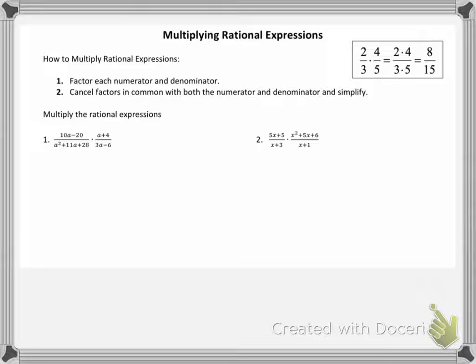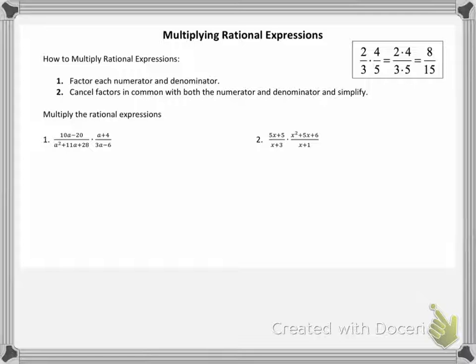So, as a brief review, I want you to look at the box at the top right of the screen. If you recall how multiplying fractions works, if I gave you two fractions like 2/3 times 4/5, you could see in the box what happens is you multiply across. You put your numerators, multiply them together, put your denominators, multiply them together, and then you would simplify as far as you can.